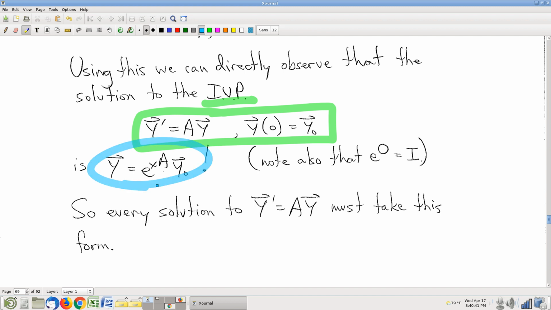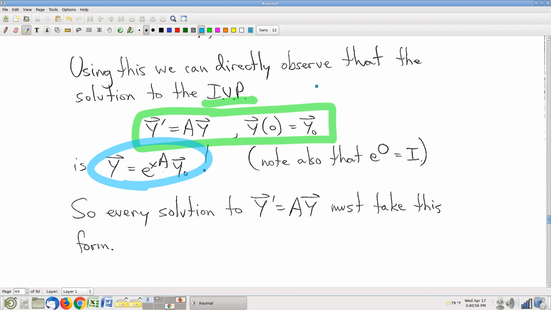That'll do it. And we just have to directly confirm. We have all the tools we need now to confirm that this does solve the differential equation and it solves our initial condition. And let me walk you through those steps.